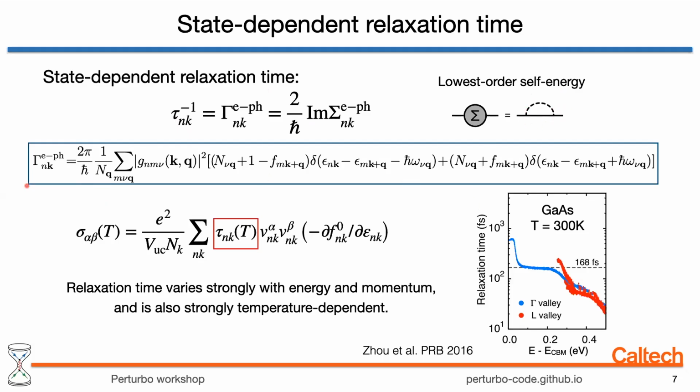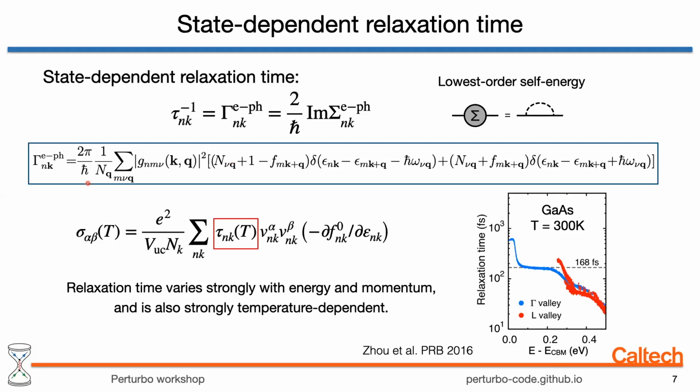Once you do that, you end up with this rather large expression for the scattering rate, where this g is the electron-phonon interaction matrix, which is what David described on how you get from DFT and Wannier90 calculations, and is then interpolated in QE to Perturbo. The other parts of this expression are this n factor, which is the phonon occupations, and this f, which is the electron occupations, and then we have these delta functions, which ensure energy conservation in the scattering processes.